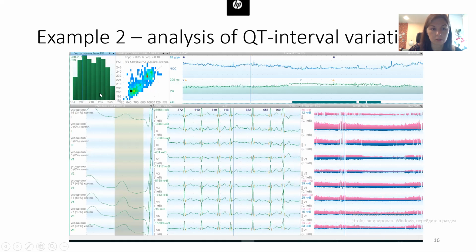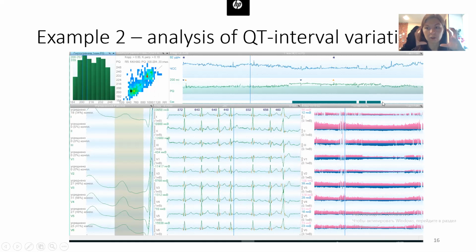We also have a histogram, and you see a blue rectangle here. It means that at this cursor position, our PQ interval lies in this bar.